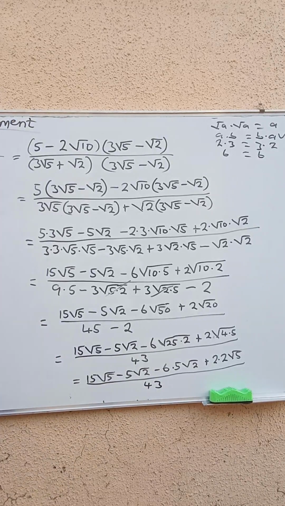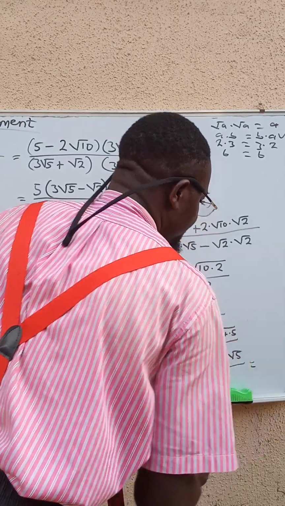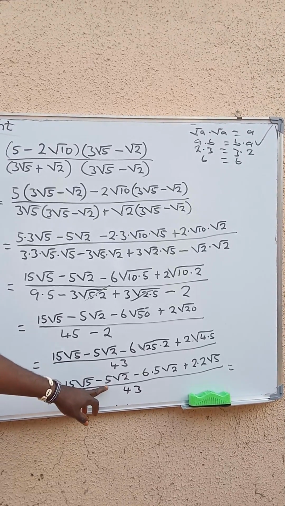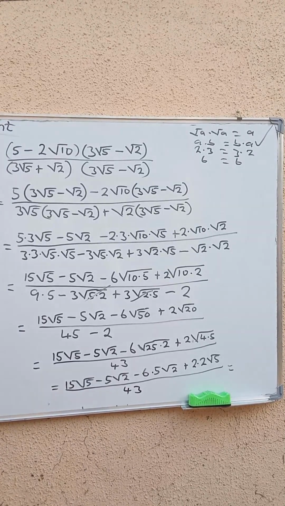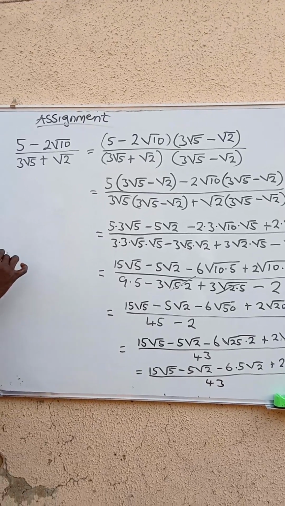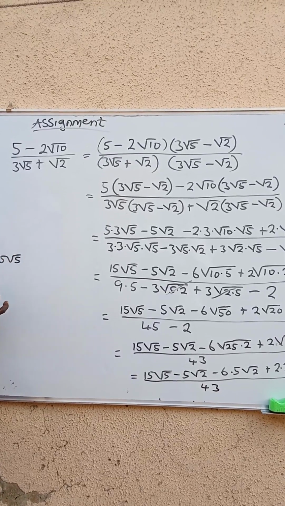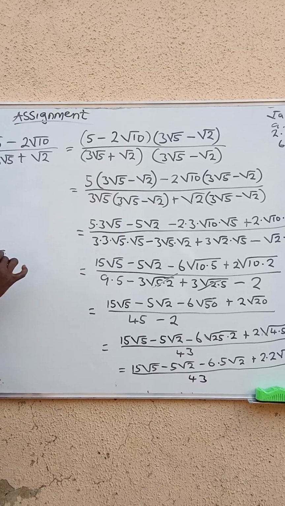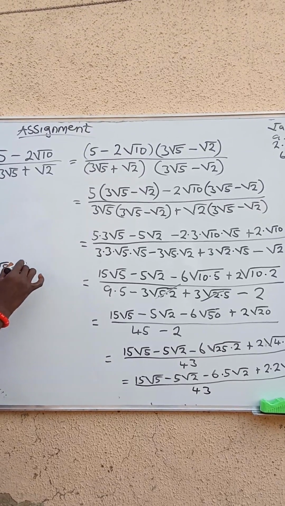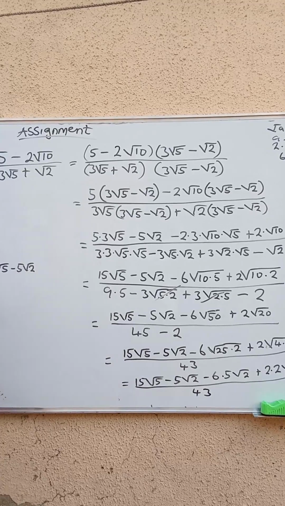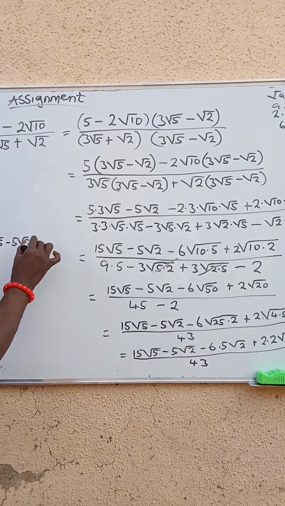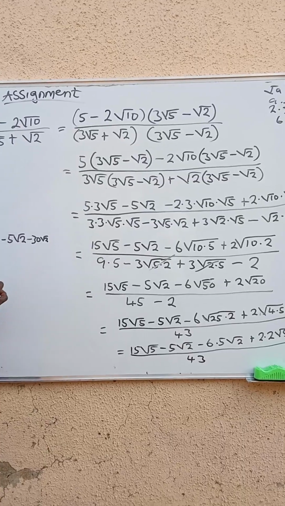let me now bring it to this place so that I can solve all of them here. The whole of this will now be equal to 15 root 5 minus, let me complete it here. 15 root 5 minus 5 root 2 minus 5 root 2, then this minus 30 root 2.